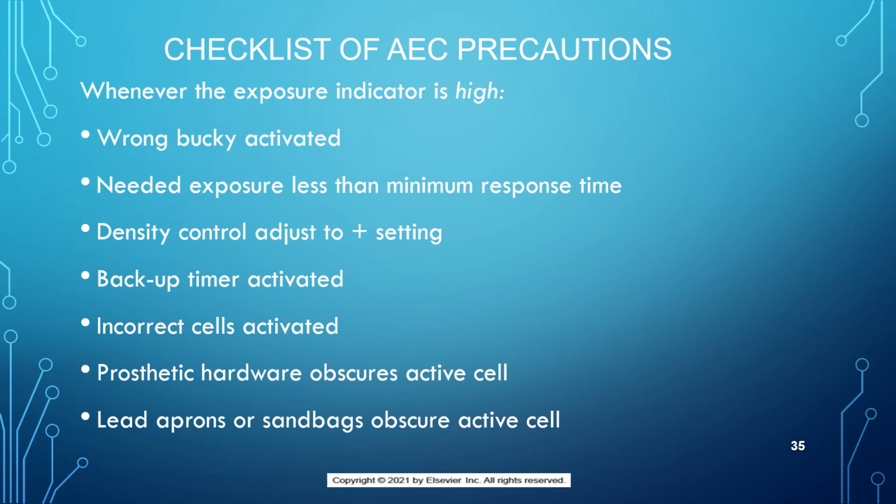You activated the table bucky ion chambers, but you're shooting a chest x-ray at the wall, okay? Manufacturers figured out that we were doing that, and now the APR can recognize it, right? It's like, okay, you have selected PA chest at the wall, but you have that x-ray tube pointing toward the table.